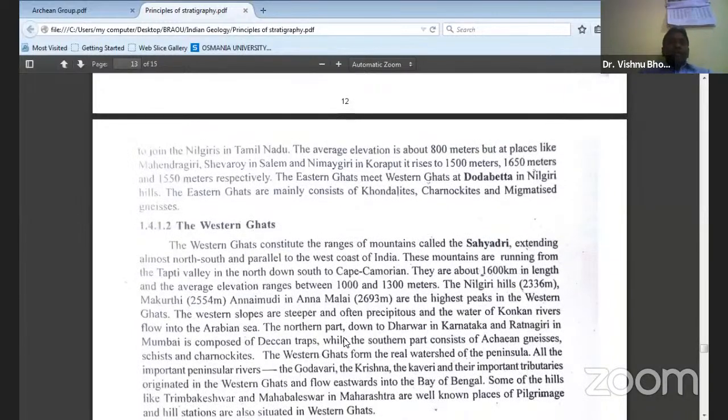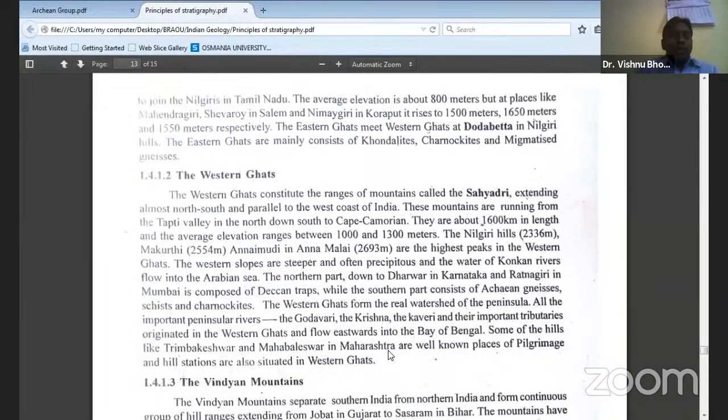Yes, the average elevation of the Eastern Ghats is about 800 meters. Shevaroy in Salem and Nimgiri in Koraput range about 1500 meters and 1650 meters, and in some areas the hills rise up to 1550 meters also.